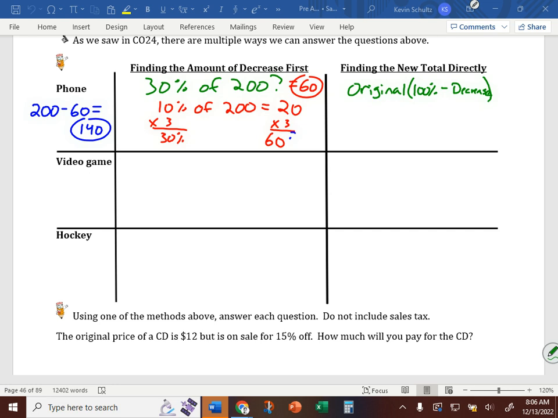Which, for this situation, our original value is 200, right? The amount of the decrease is 30%. We're taking 30% away from 100%. What's 100% minus 30%? Anthony? 70%.